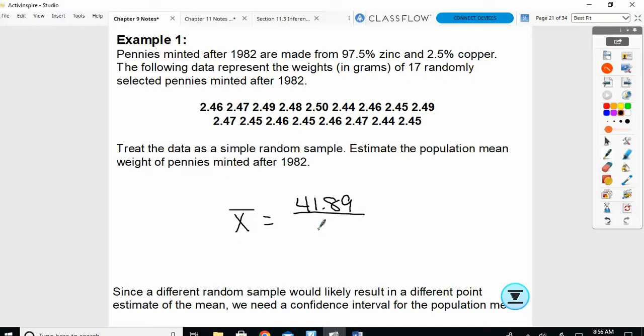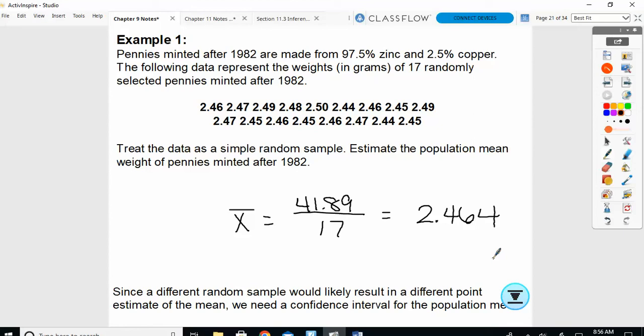And we would divide by 17. 2.46. Give me one more decimal. 4. Okay. So, if I found the mean of my sample, I get 2.464 grams.